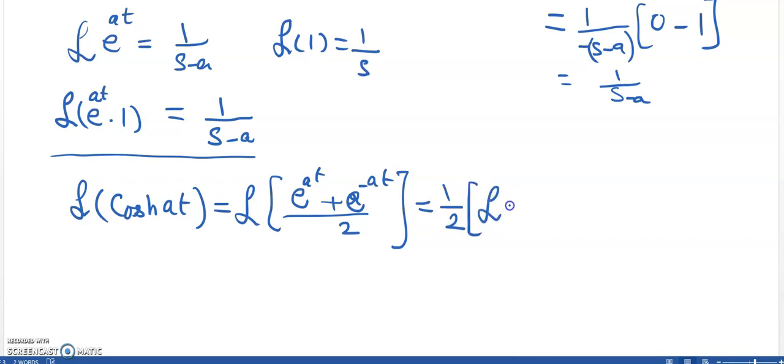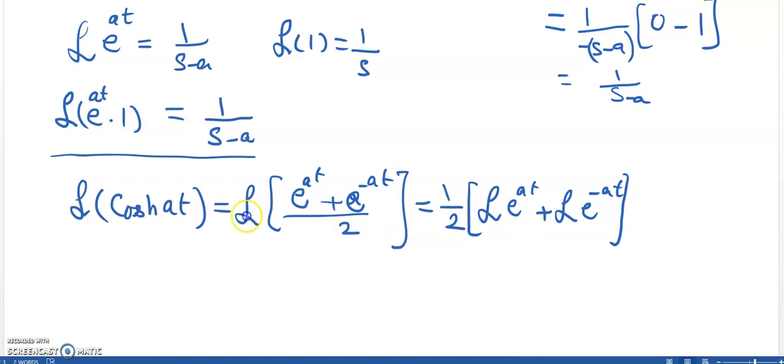It is the Laplace transform of e power at, plus the Laplace transform of e power minus at. I'm not proving it over here, it's very easy, and you can see from the textbook that the Laplace transform follows the rules of addition and subtraction.